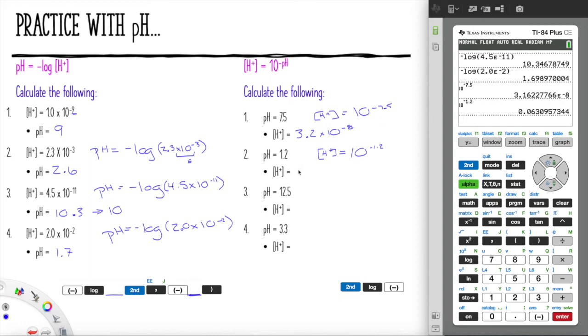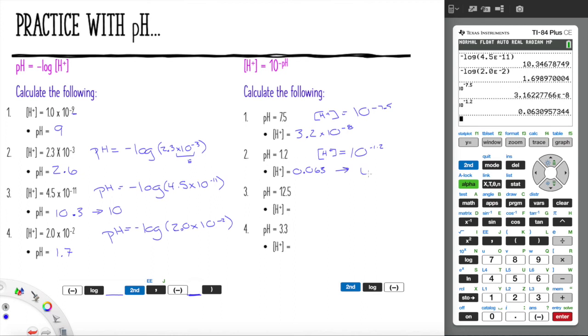And so I'm just going to write it out like this, 1.0, and I need two significant figures, 6.3. And it's okay in this case to leave it like this, or if you want, you can convert it to scientific notation. So let's go ahead and do that. So then we end up with 6.3 times 10 to the negative 2. All right. So there's our final answer right there.